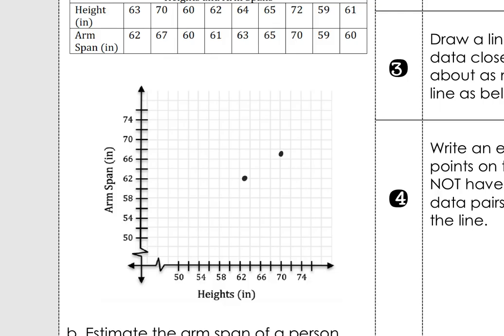Then we've got a point at 60, 60. So 60 is right here. So over to 60 and then up to 60 and plot a point. Then we have 62, 61. So 62 and 61 is going to be right in between the 60 and 62 on the y-axis.